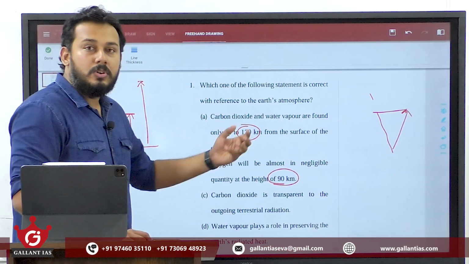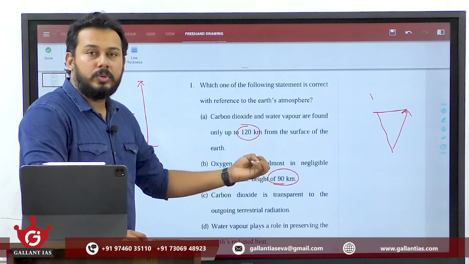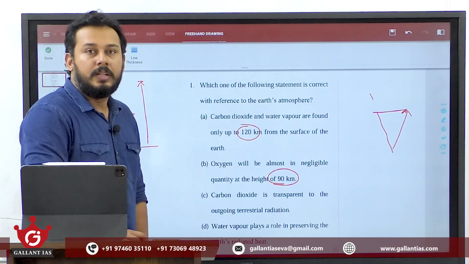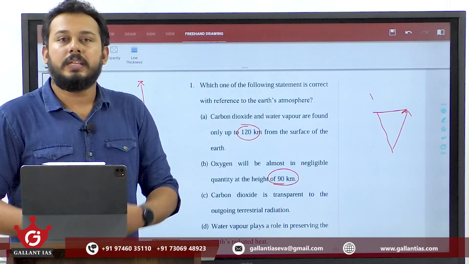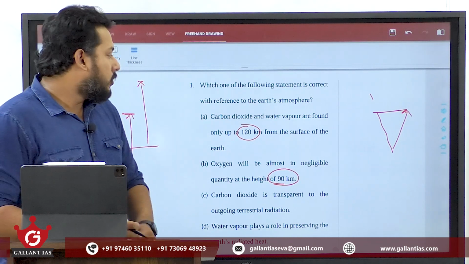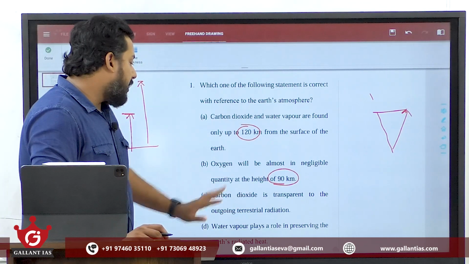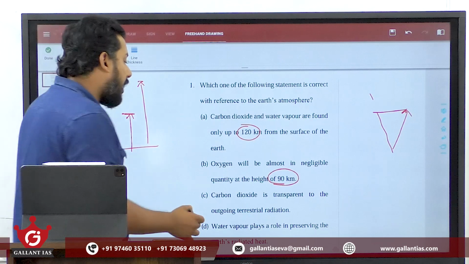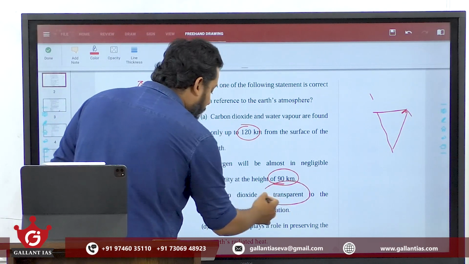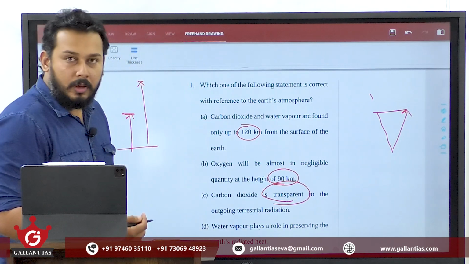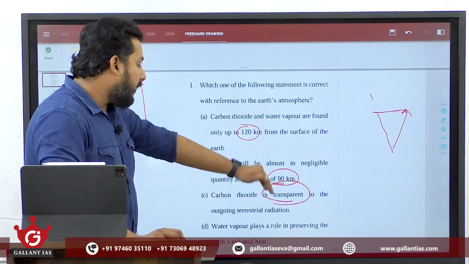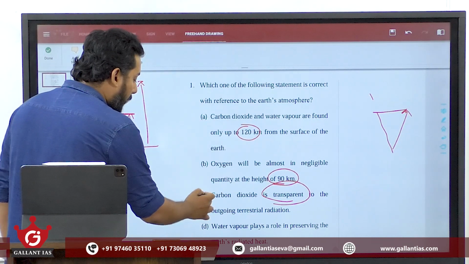That means it does not allow the terrestrial radiation to get out of the Earth's atmosphere. That's why we have the heating process and the increase in temperature over Earth. So the third statement, C, is wrong. Carbon dioxide is not transparent to the outgoing radiation. It is opaque to the outgoing radiation. It is transparent to the incoming radiation. So C is wrong.